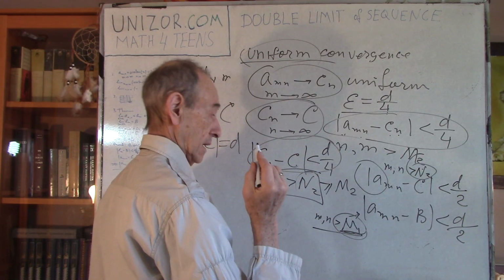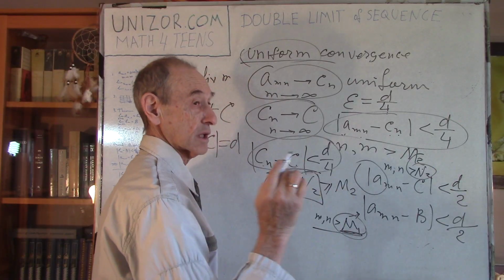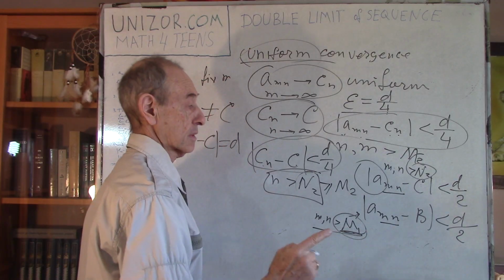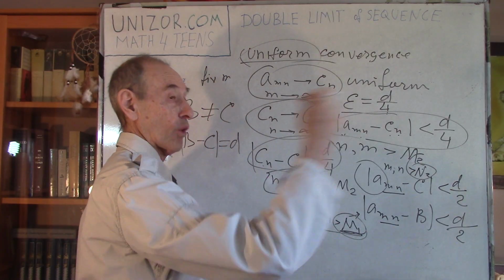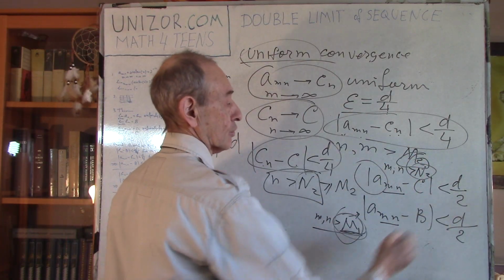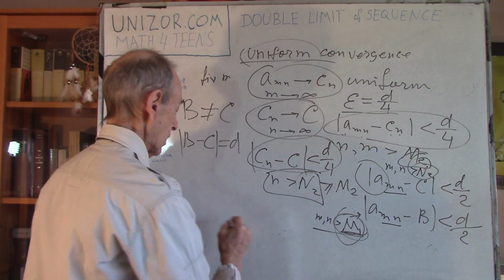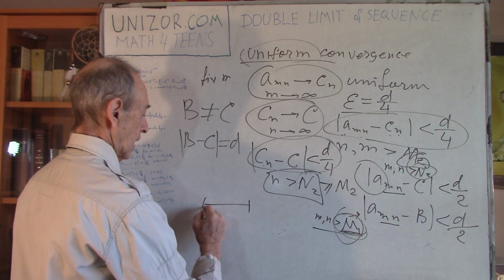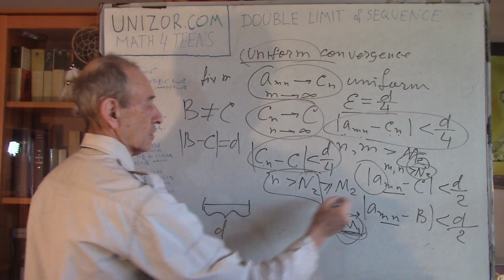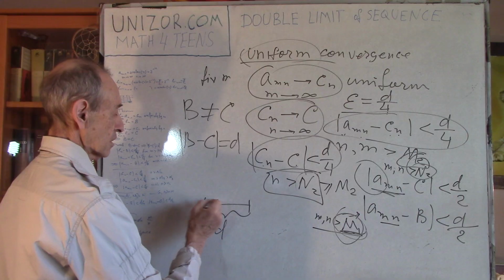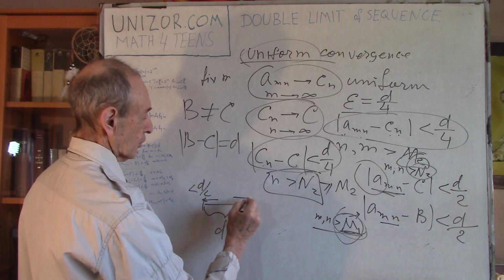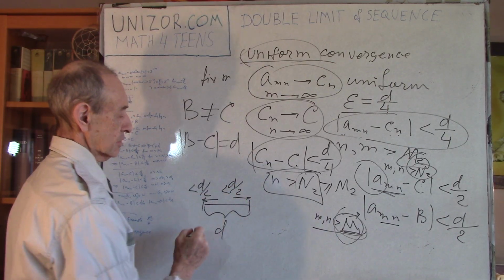So for sufficiently big m and n, after both of them are over a certain number, which is the maximum of these two, both are true, which is impossible because if B and C are at a distance d, you cannot have a number a_mn which is closer to this one than d over 2 and closer to this one than d over 2.